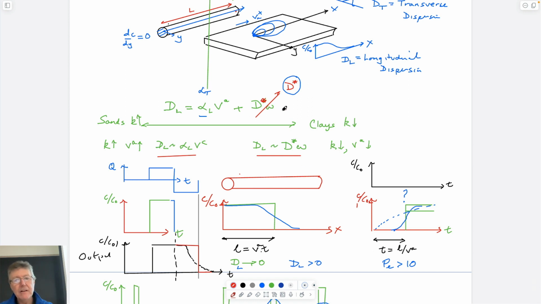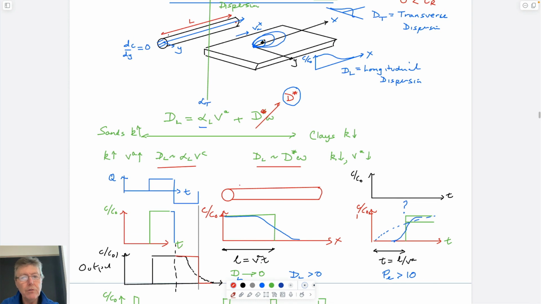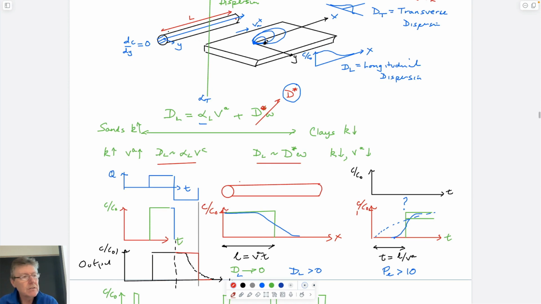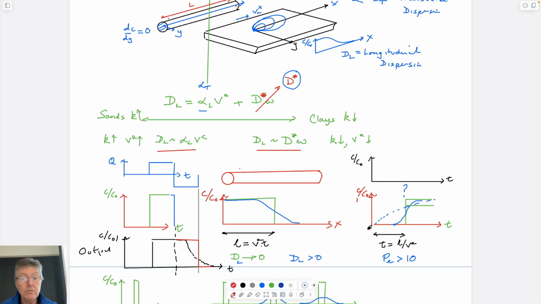If we have a system which is either 2D or 3D, then what we can get is spreading both longitudinally, but more importantly now laterally. And so if it spreads laterally, so the volume that's included around the front is getting larger and larger, then we might expect that the concentration goes down.